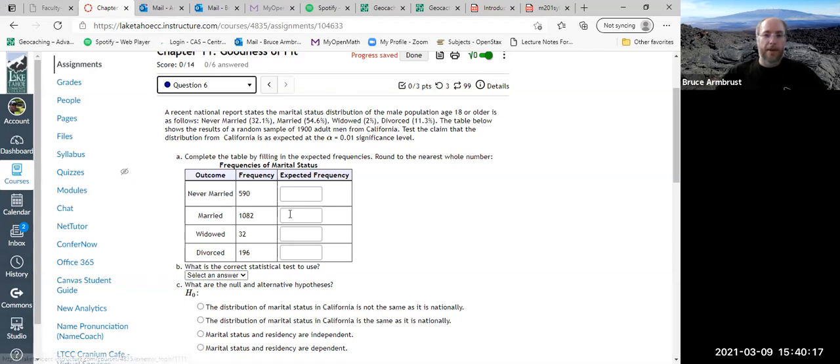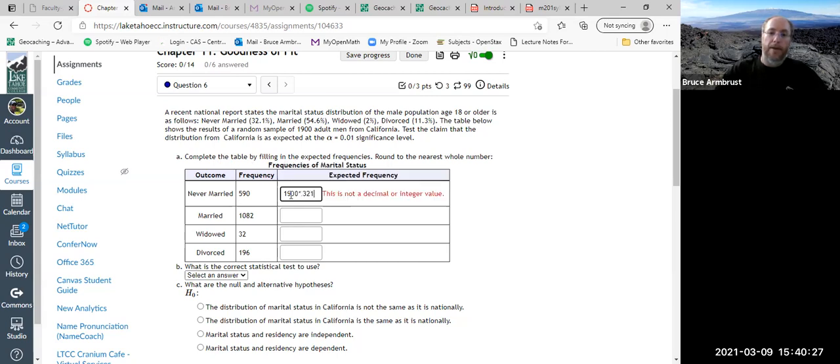So what I'm going to do here in the box, I'll type what I'm going to put into my calculator. So I've got 1,900 times 0.321. The 1,900 came from the fact that that's how many men we're sampling, right? That's our sample size.